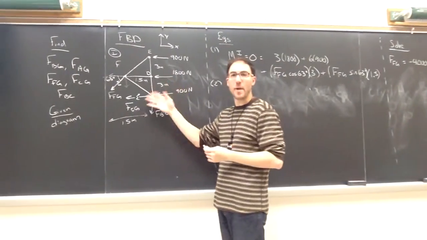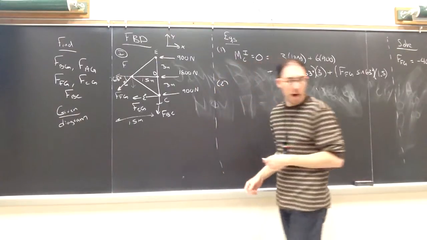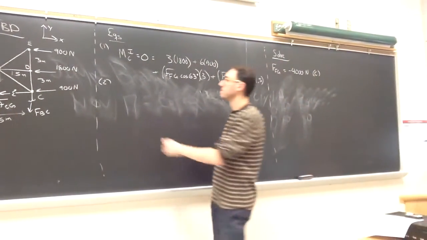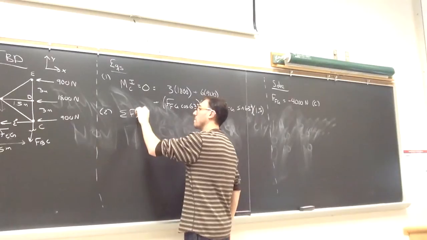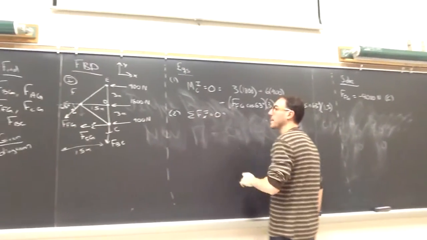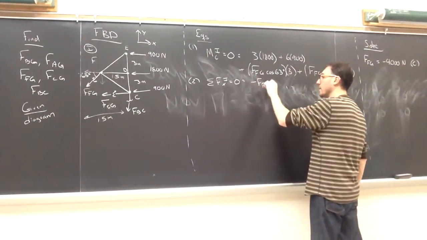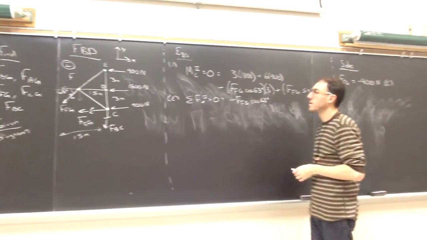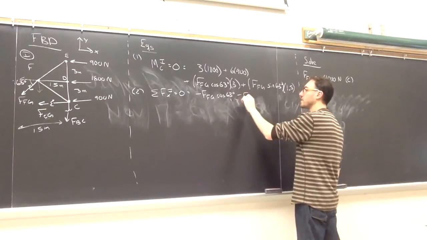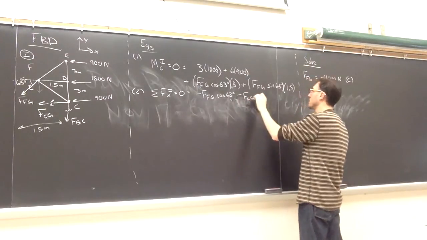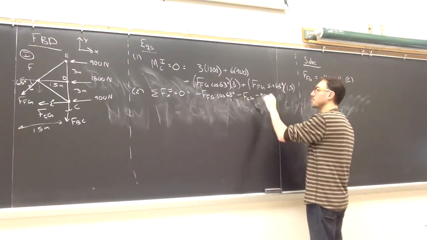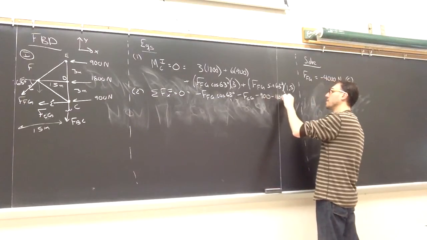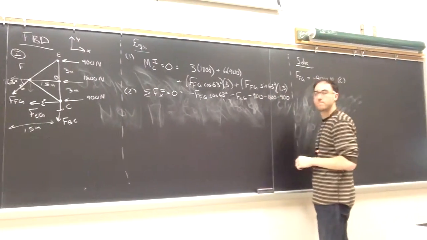Now, it doesn't matter if we do x or y next. So I did x next. Because now we know negative FFG cosine 63. We know its value. Minus FCG, which we can now find. Minus 900, minus 1800, minus 900.